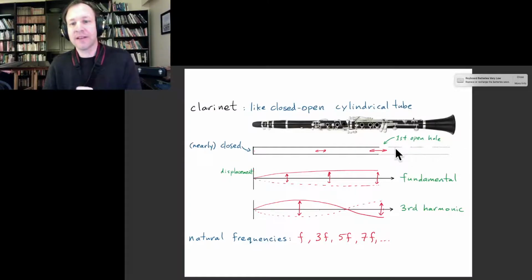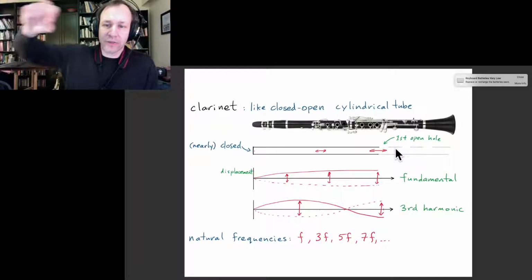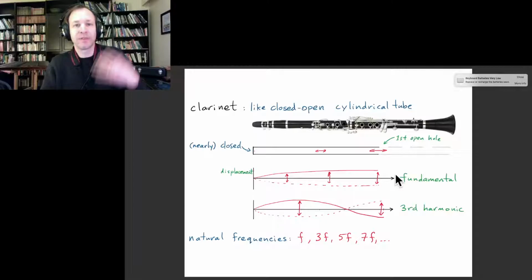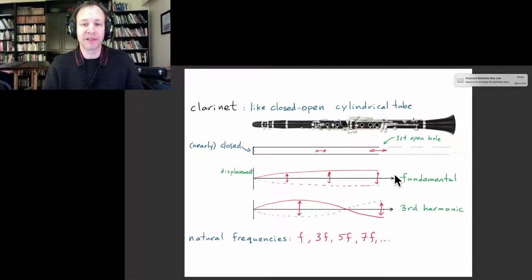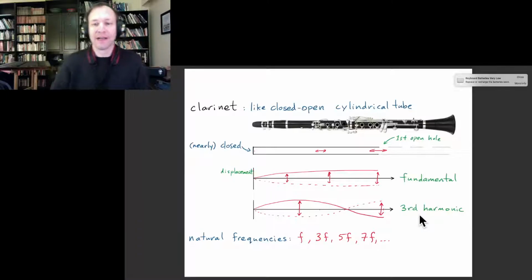The other end is open, and effectively that starts where your first open tone hole would be. If you plot out the waves, there are these closed-open tubes that we saw in earlier lectures, and you find that the wavelength of the second pattern is 1/3 the wavelength of the first pattern.